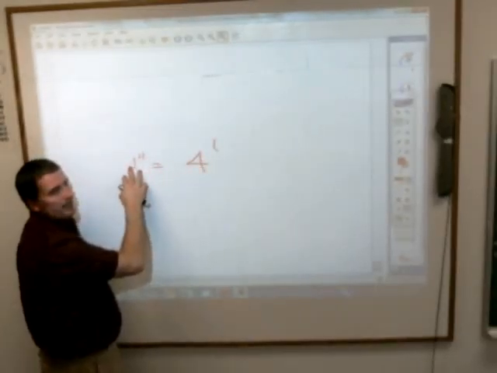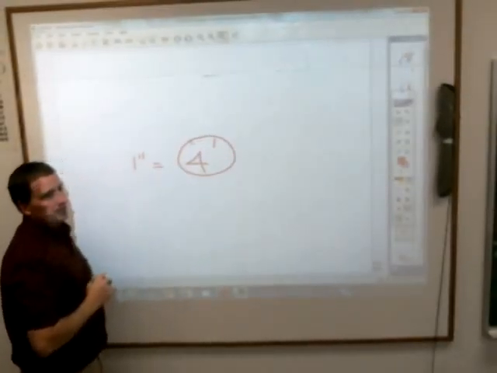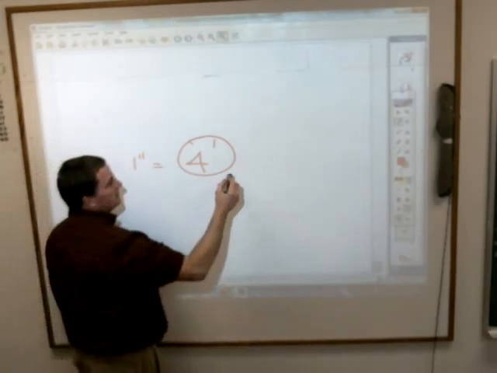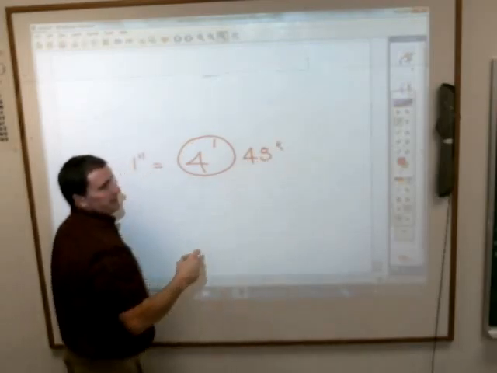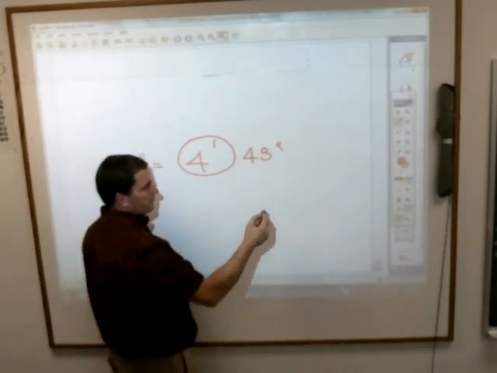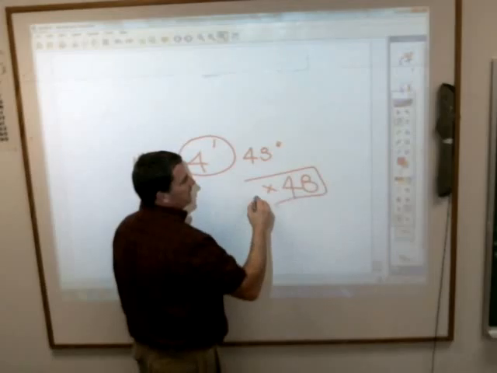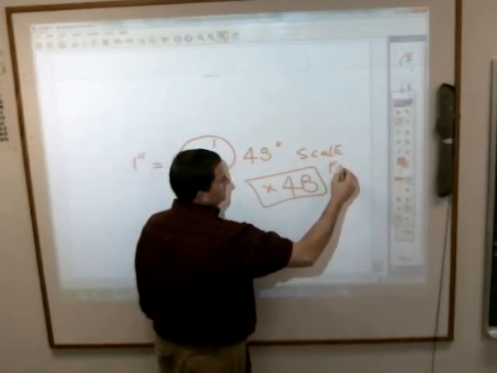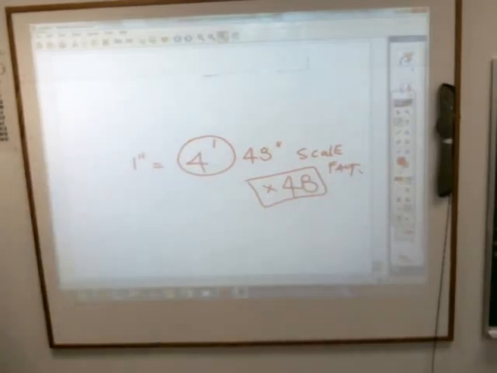In order to get the scale factor, you're going to have to say how many inches this is. 4 feet is how many inches? 48. Very good. So the scale factor is, what are you multiplying everything by? 48 is your scale factor, because everything from the model is 48 times bigger on the real life thing.